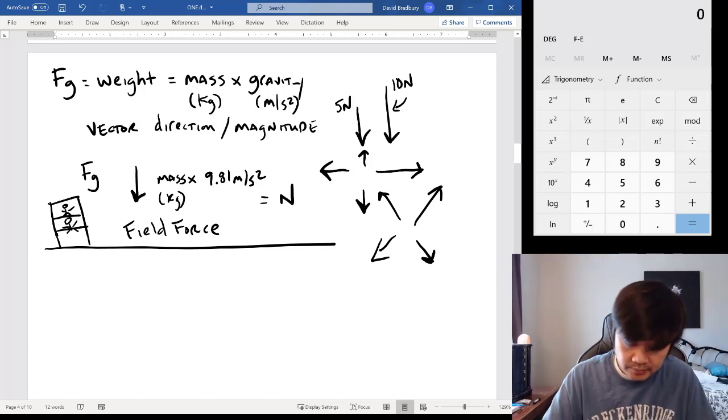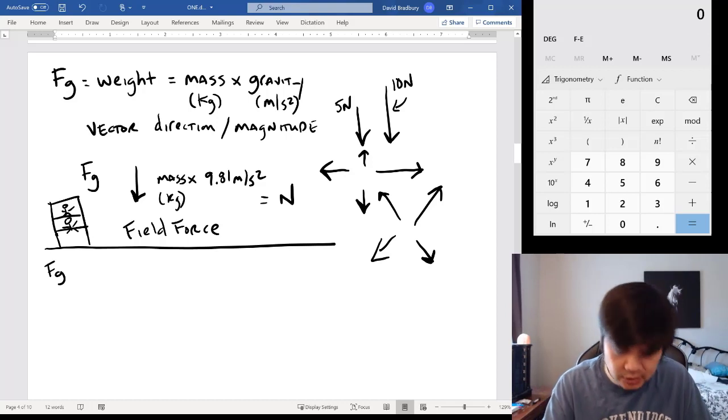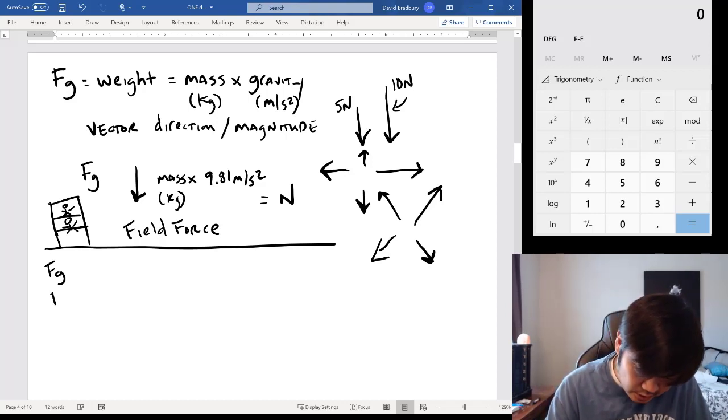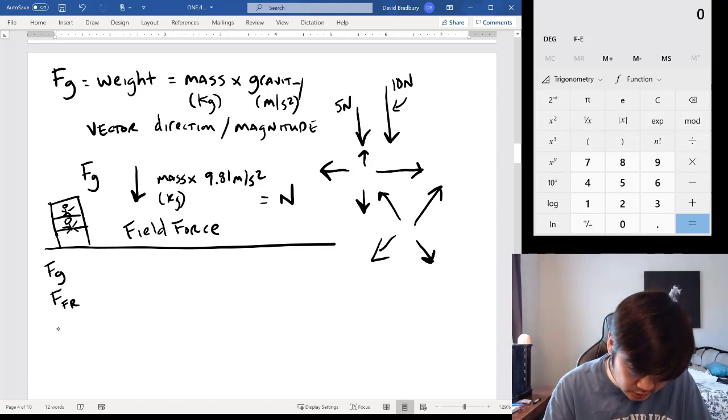All right. So the other type of force is direct contact. And for these, let's put force gravity as our first one. I also mentioned another one, force of friction. Okay, FFR. It can also be called different terms, but whatever way you learned it, you know that that's force friction. What's another one?